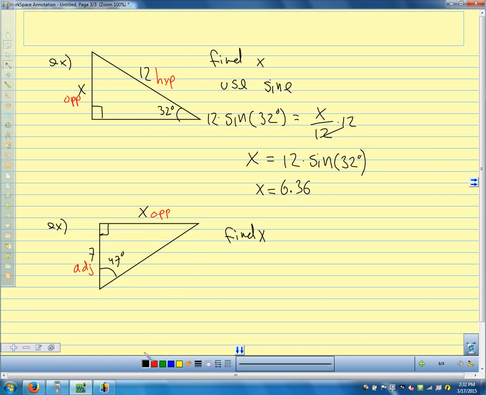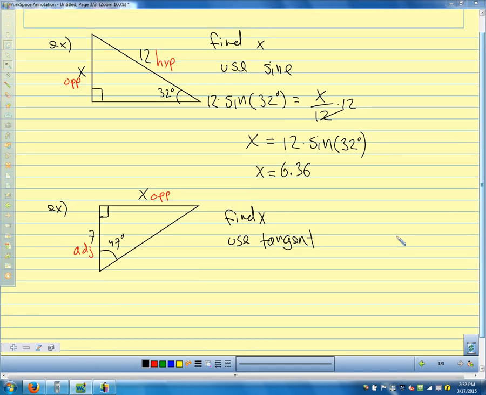Opposite. So then we look at SOHCAHTOA and ask, which trig ratio are we using with opposite and adjacent? Tangent. So then we write our equation. The tangent of the angle that we're looking at, 47 degrees, equals the opposite over the adjacent. Almost the same problem now.